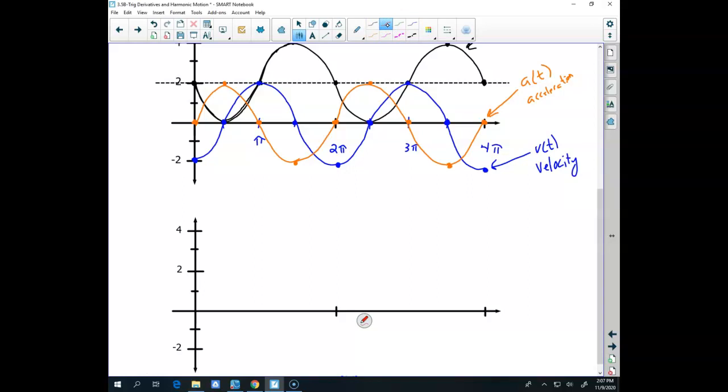Well, yeah, I'll graph my speed in red, and I'm going to say there's my pi, my 2 pi, my 3 pi, my 4 pi, and I got halvesies, halvesies, halvesies, halvesies. All I need to know is I'm graphing that blue one, right? So I can see I'm 0, 0, and I come up to 2. And then I go down, but I'm back to a 0 here.